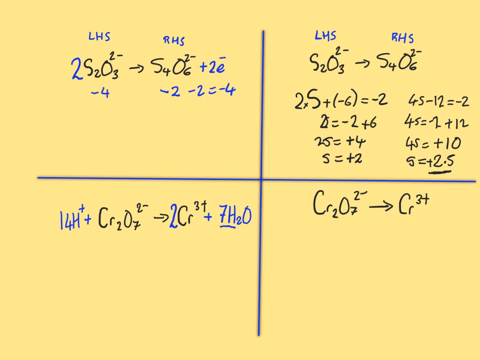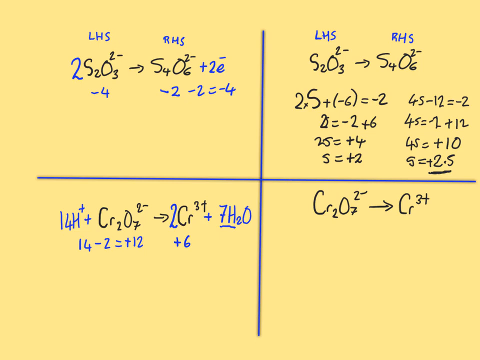The overall charge on this side is 14 times 1 minus 2. 14 times 1 is 14. Take away 2, the overall charge on the left hand side is plus 12. On the right hand side, the overall charge is 2 times 3, which is equal to plus 6. And therefore, we need to add electrons to the more positive side.